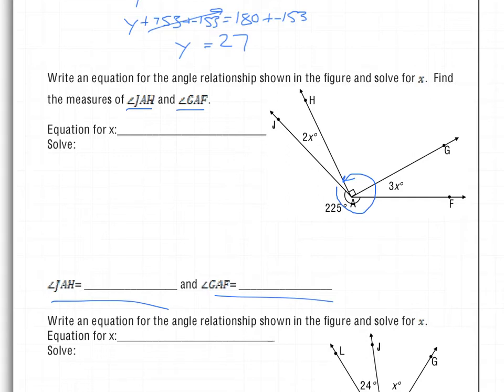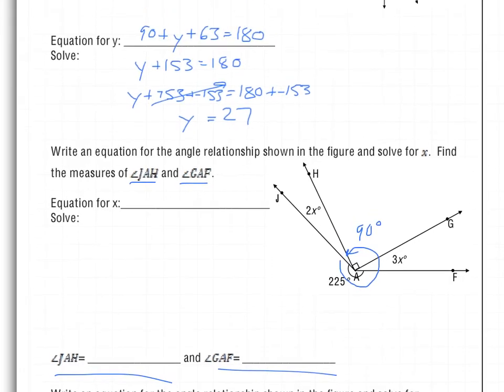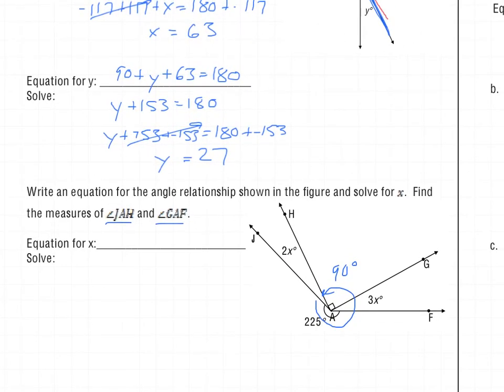Just quickly labeling this one as 90 degrees since it has the box down in the center. That allows me to write the equation 2x plus 225 plus 3x plus 90 is equal to 360.